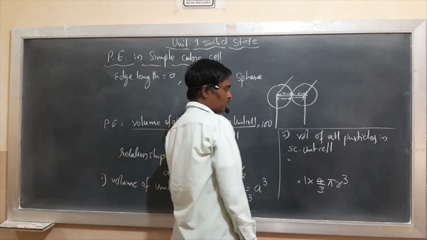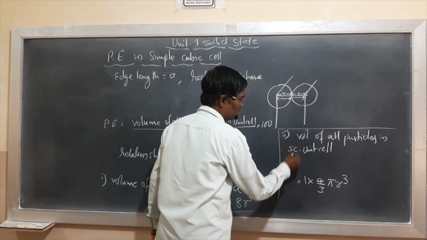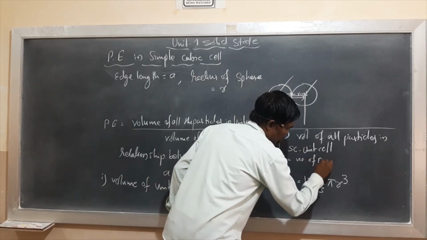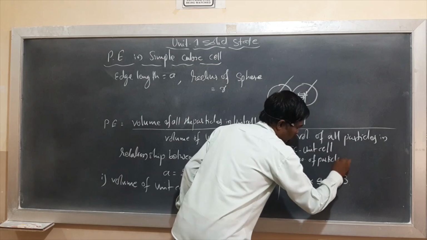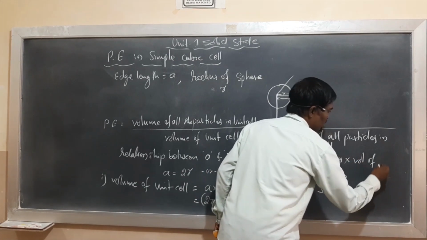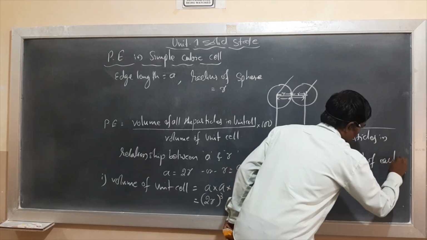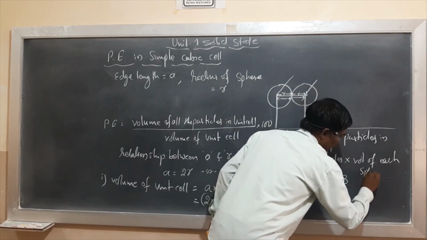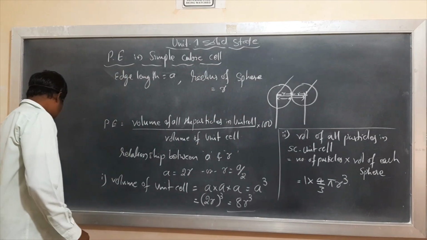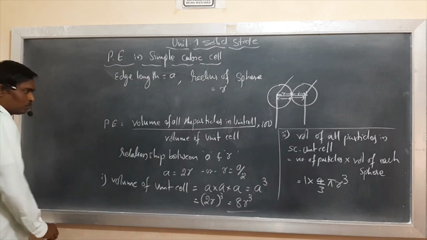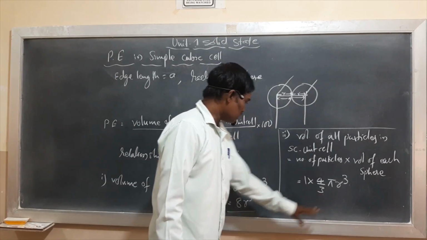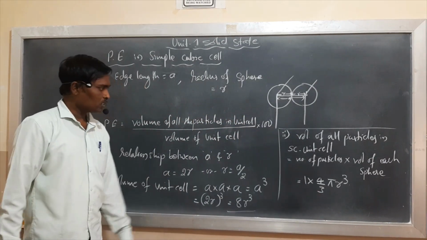We also write the formula for this numerator term as the number of particles multiplied with volume of each sphere. That will give me the total volume of the particles present in the simple cubic cell. Now, we got the volume of all the particles and also the volume of unit cell.